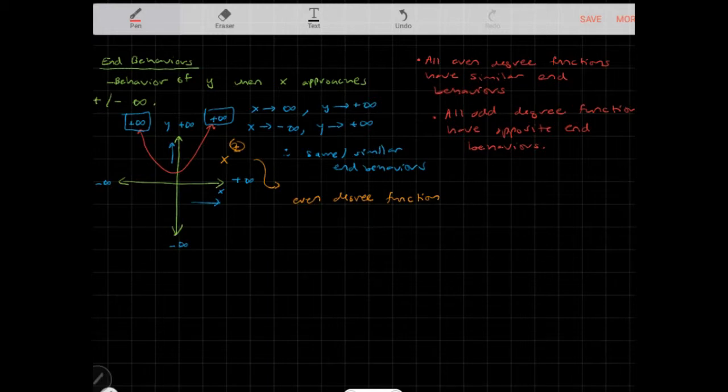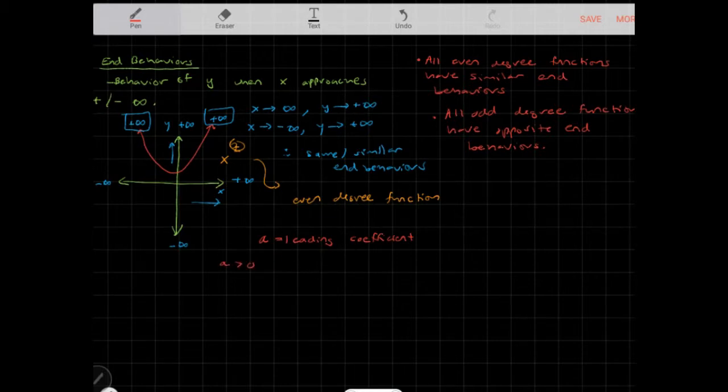Specifically, if the leading coefficient is negative. So A, we said, is the leading coefficient. Now let's take a look at what we need to do: we need to look at the sign of the leading coefficient.